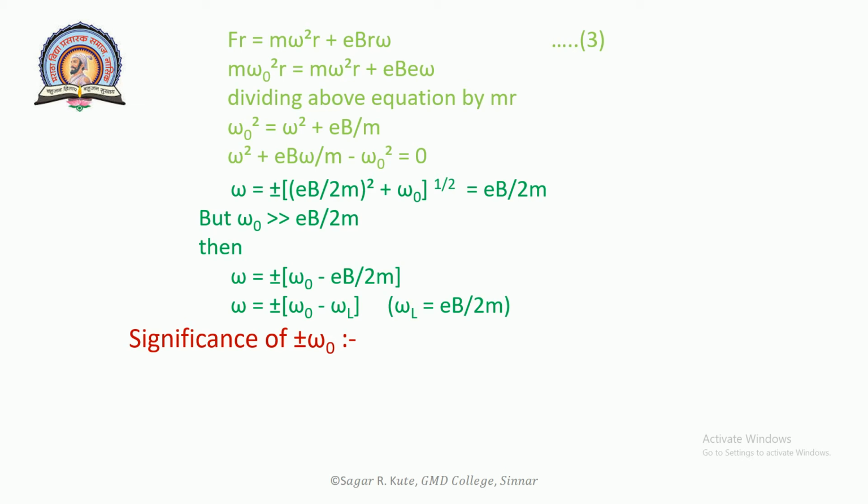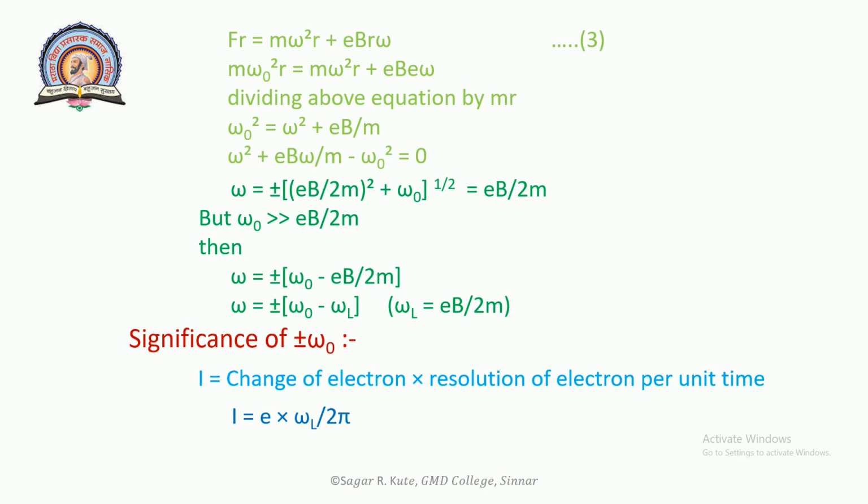The change in frequency of motion of the electron due to the applied magnetic field gives rise to the magnetization, due to the change in frequency omega L. The current due to each electron is I is equal to charge of electron into revolutions of electron per unit time, that is I is equal to e into omega L upon 2 pi.